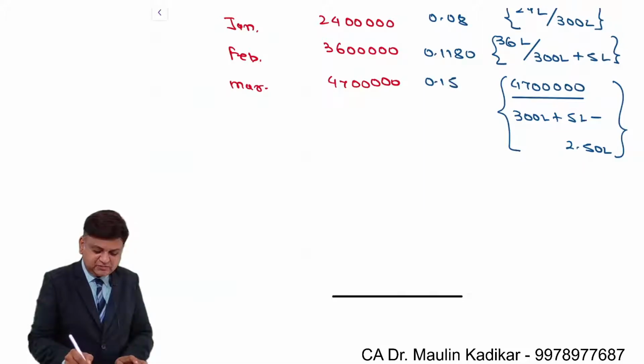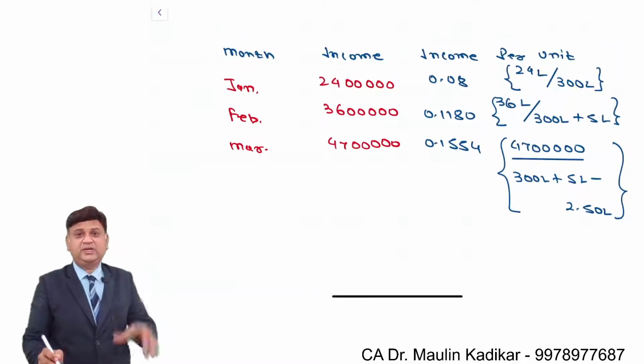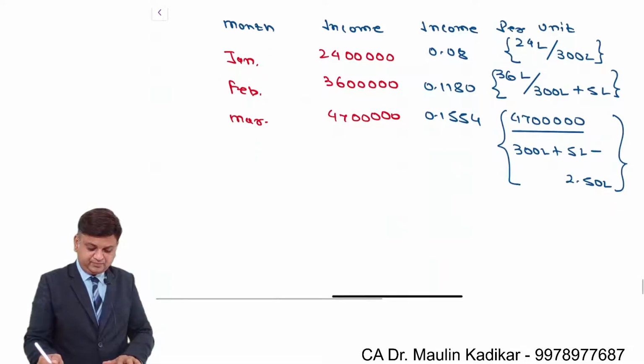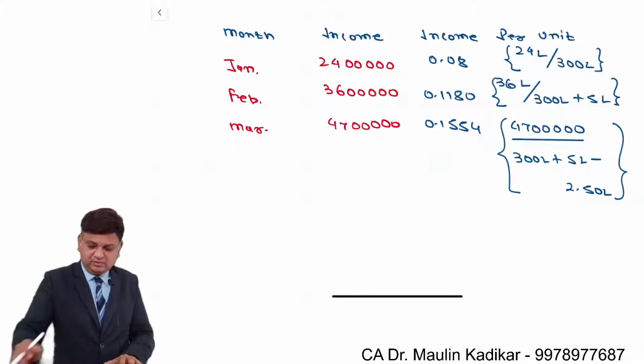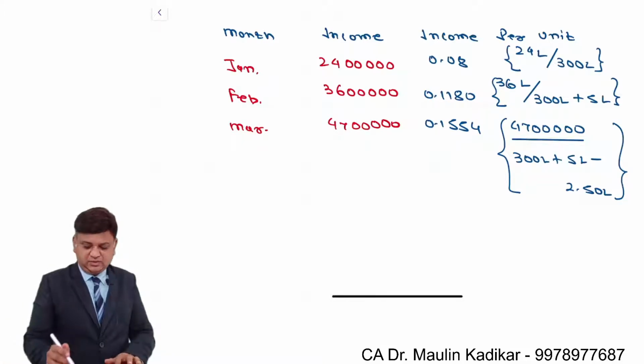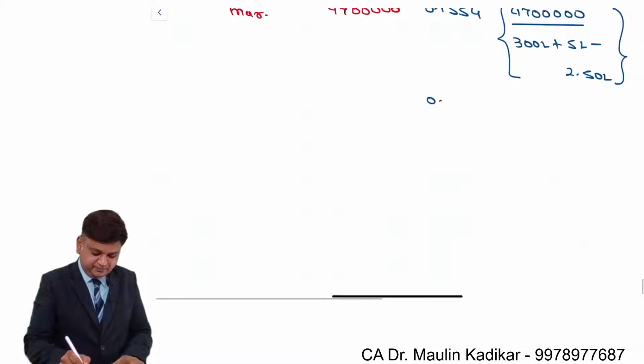See, as we are rounding off, that is the reason the above answer was not exactly matching. So this is the way the income per unit is to be found, and then we total it: 0.08 plus 0.118 plus 0.1554 comes to 35.34 paise. That is the income on a per unit basis.